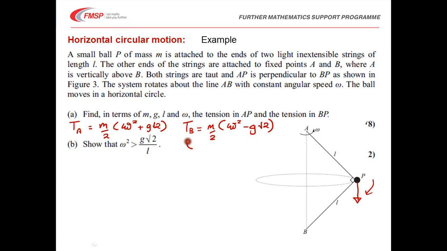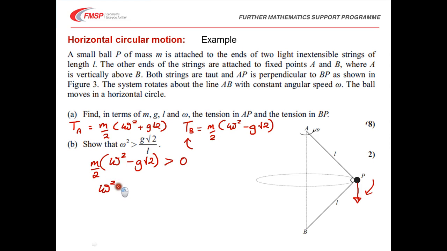So we need to look at our TB here, our tension in our lower string, and say, in order for the system to be stable, to keep performing this horizontal circular motion, that tension has to be greater than 0. And if that's the case, we can cancel the m and the 2 because we know that they can't be 0.